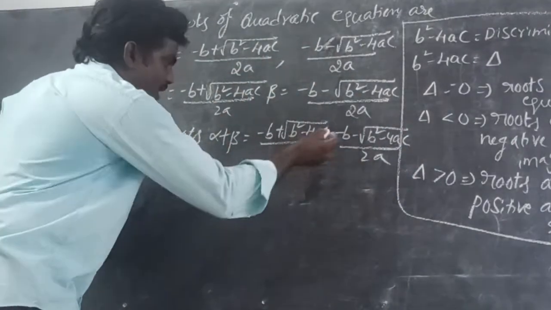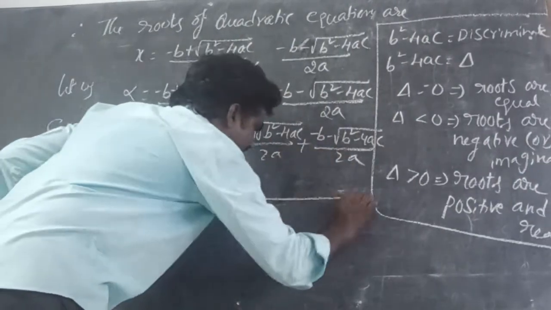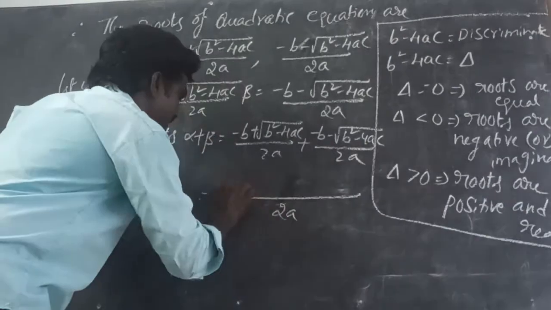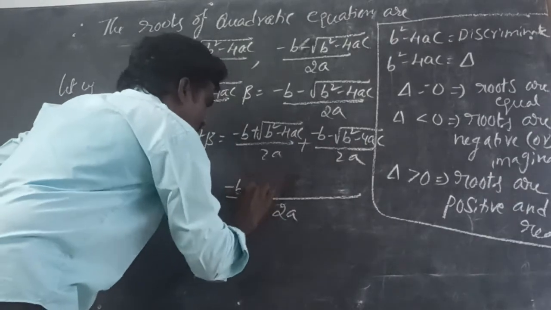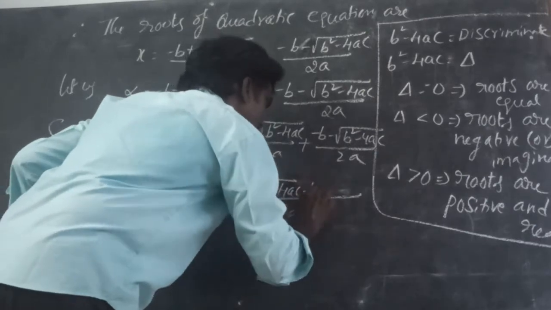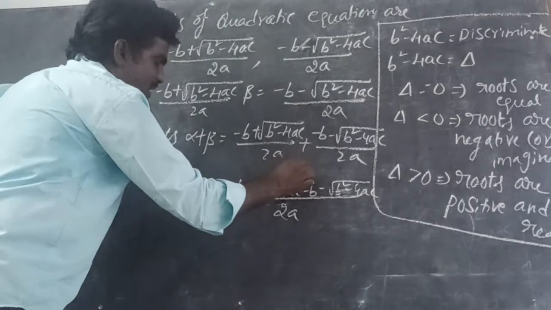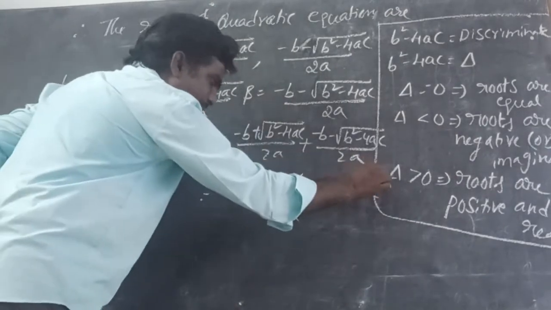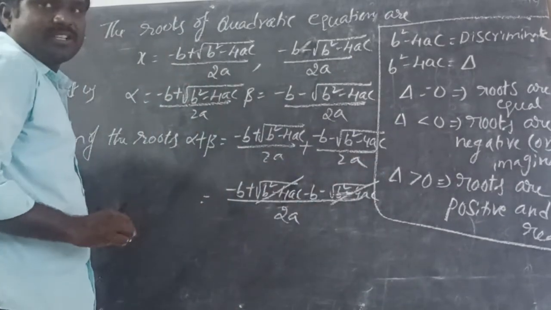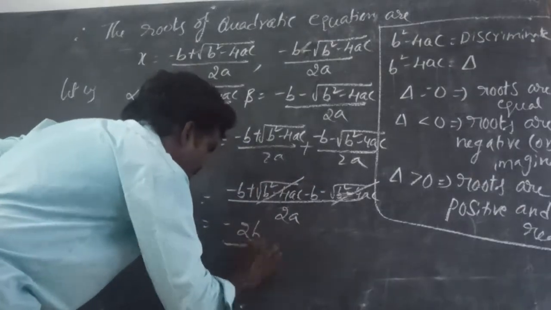Here the denominator is 2a in both, so we can write the common denominator 2a. That is minus b plus square root of b square minus 4ac, minus b minus square root of b square minus 4ac. The square root terms cancel, leaving minus 2b by 2a.